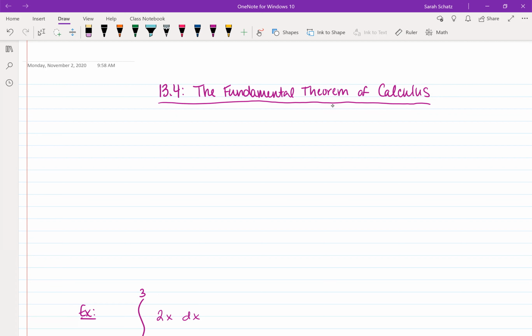So the first thing I want you to do is remember our antiderivative notation, what it means. We're going to talk through just what we've been doing. So I take the antiderivative of some function, let's call it f of x dx. And remember, I always try to think about this as a change function, like this is the derivative of something.